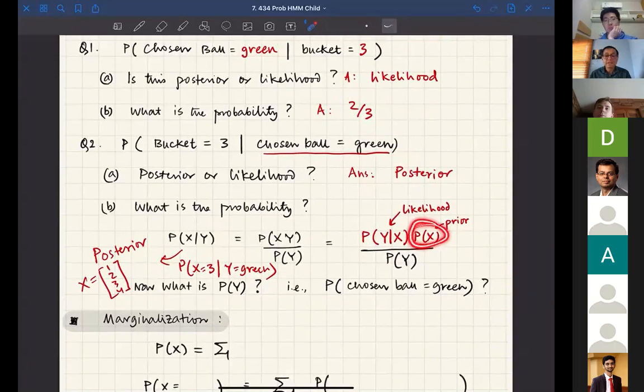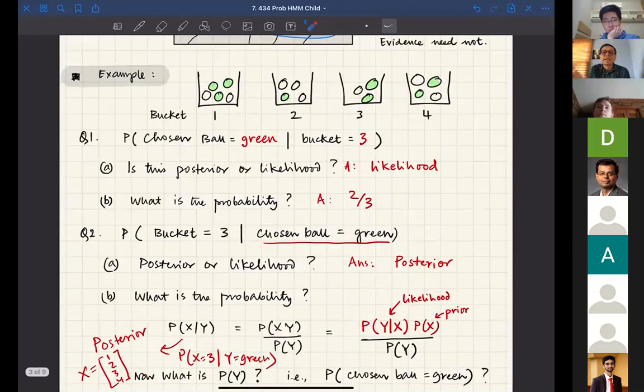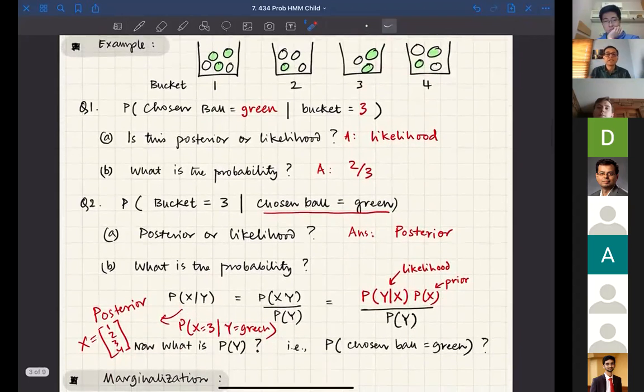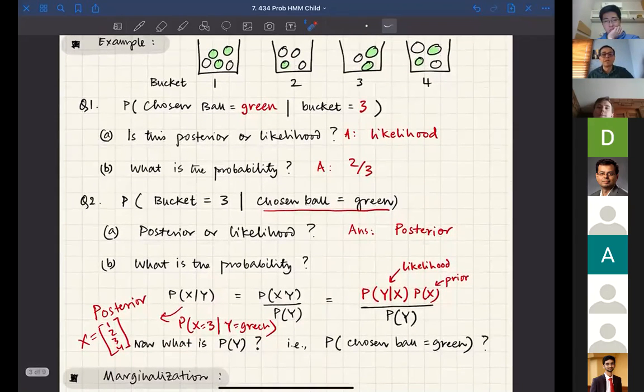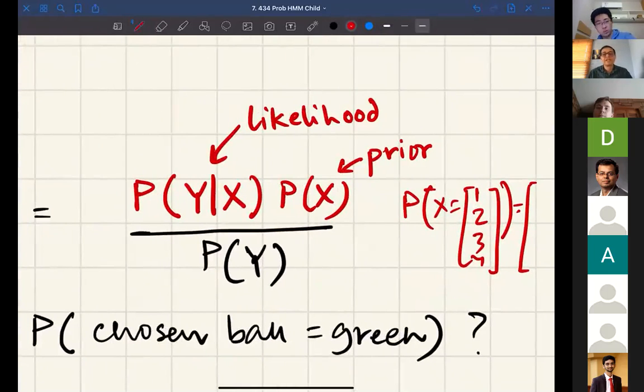And px, someone needs to tell you. So if someone says that the buckets are picked with equal probability, then px is what? Whenever you think of px, you think of p of x equals 1, 2, 3, 4. And that equals what vector? What is that probability vector, if I say buckets are picked with equal probability?